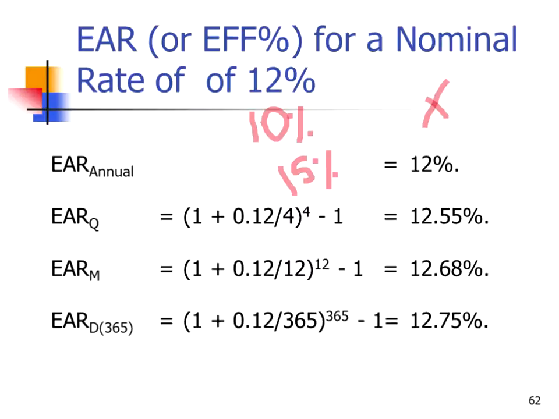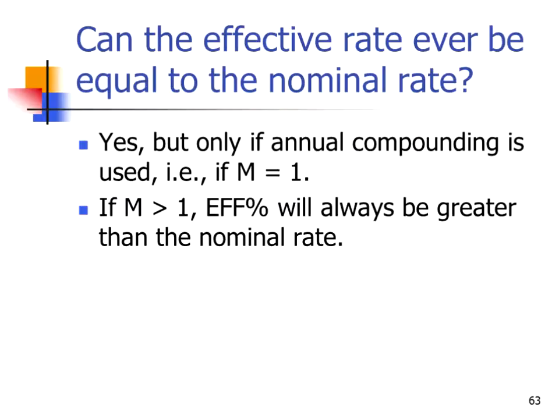Calculate the effective annual rate for a nominal rate of 10%, 12%, and 15% on an annual basis, quarterly basis, monthly basis, and daily basis. It shouldn't take you more than 5 minutes to do it in Excel.